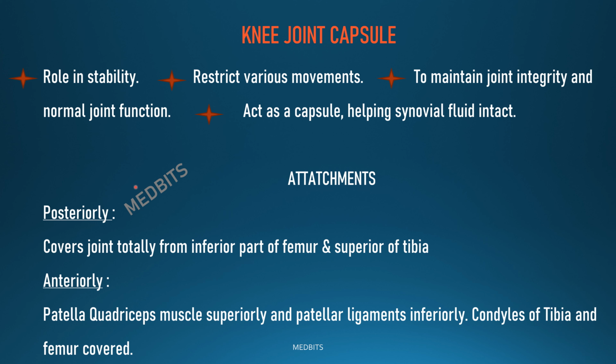Now attachments. Posteriorly, it covers the joint totally from the inferior part of the femur and superior part of the tibia. Anteriorly, the patella and quadriceps muscle superiorly and patellar ligaments inferiorly. Condyles of tibia and femur are covered.